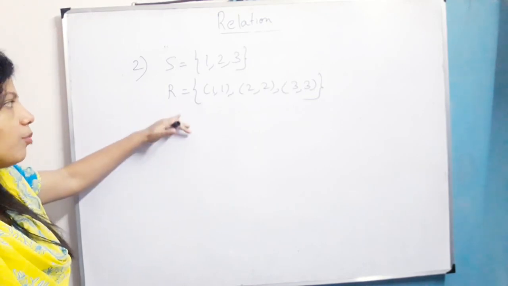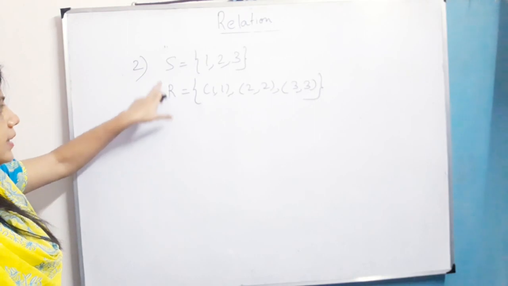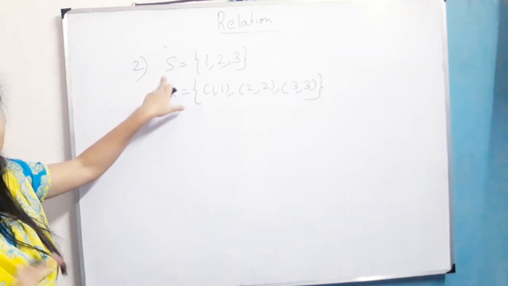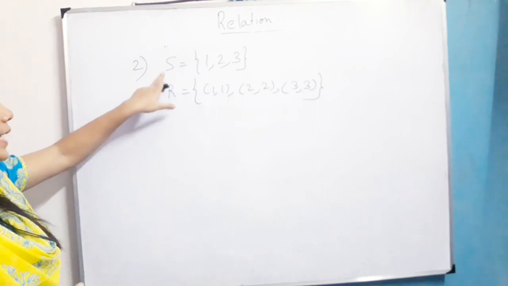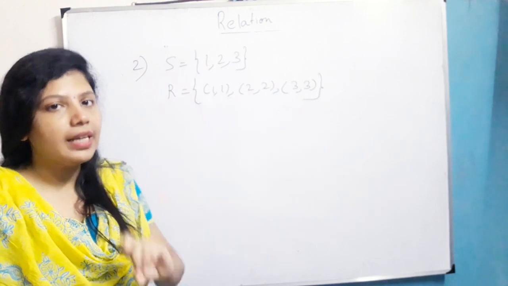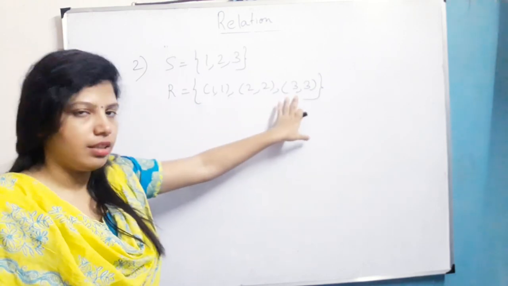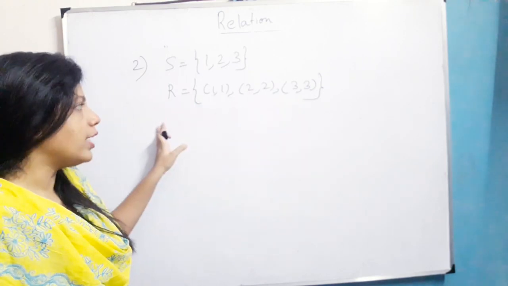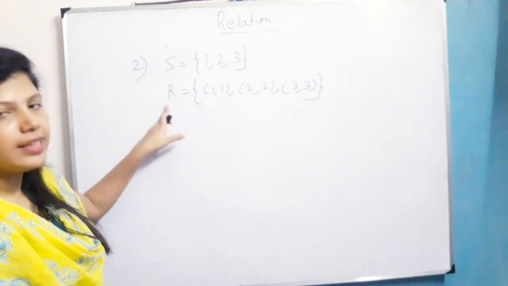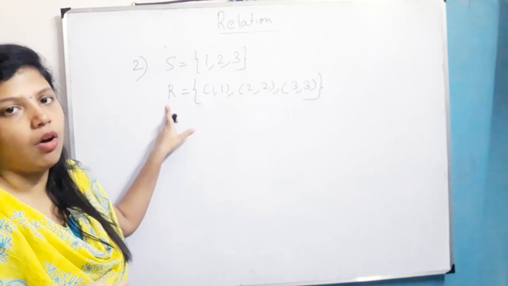So here also you can observe our relation R is defined on S. That means we are taking the elements from S cross S. If I write S cross S, I will get (1,1), (1,2), (1,3), all of them, but I am taking just these 3. It is R. You can also take (2,3), (3,2), something like that, but this will depend on whatever fact is given.